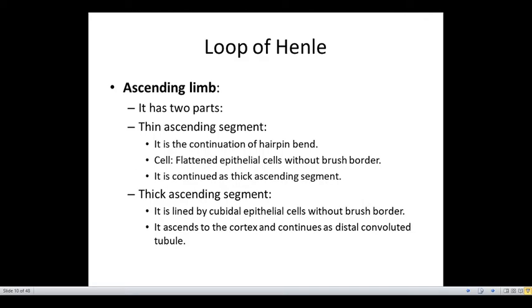And it is continued as the thick ascending segment. The thick ascending segment is lined by cuboidal epithelial cells without brush border. And it ascends back to the renal cortex and continues as distal convoluted tubule.